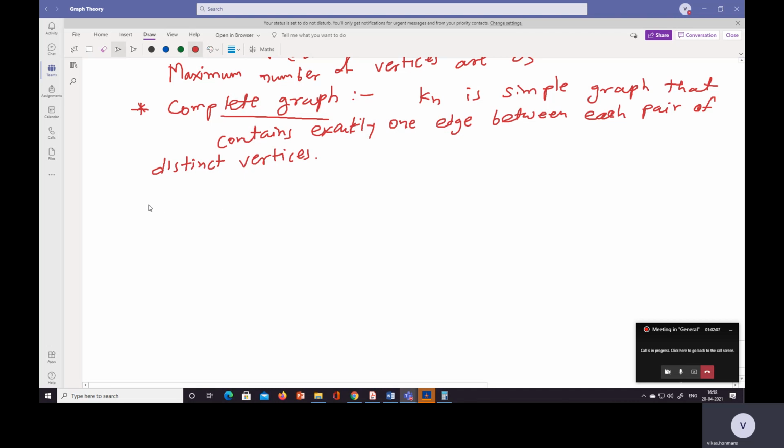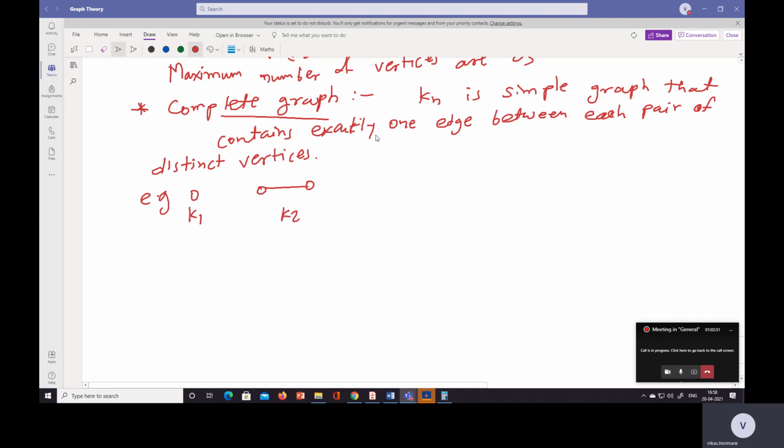So suppose we have only one vertex, we call it K1. It is also called an isolated vertex, and its degree is 0. Then two vertices, it is called K2.